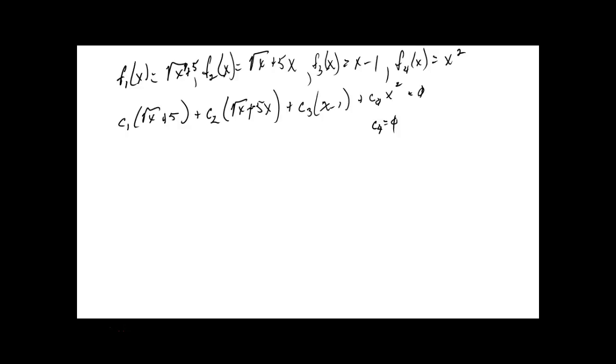I'm going to do something slightly different. I'm going to multiply through and have C1 times the square root of x plus 5C1, plus C2 times the square root of x plus 5C2x, I'll just do it that way, plus C3x minus C3.